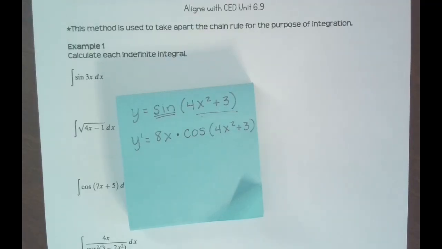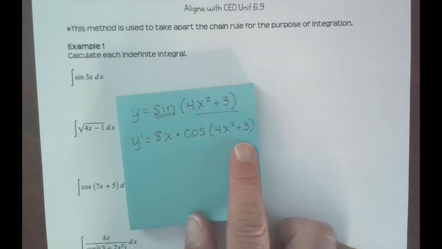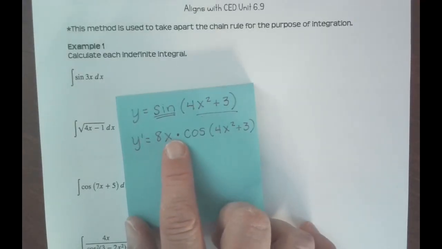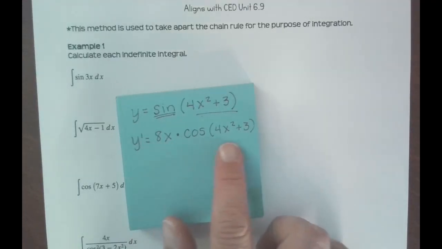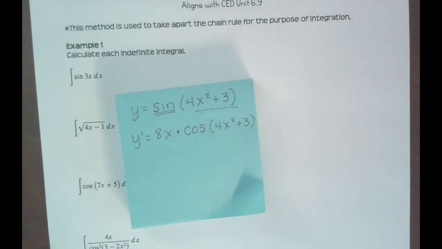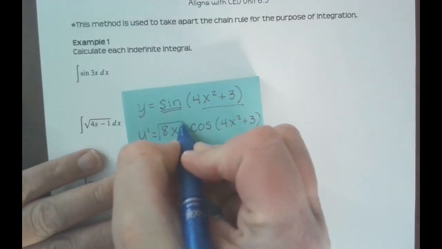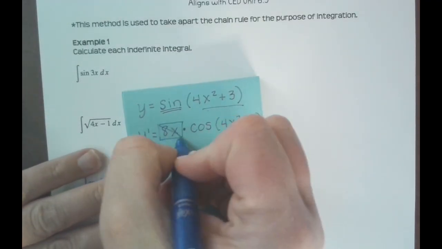So now the idea is if I hand you this function and I say take an antiderivative, well, we don't have a product rule that we can use for antiderivatives. But if we recognize that this came from the chain rule, we may be able to reverse it, okay? And so what U-substitution does in general is it takes this thing, this 8x, and says, hey, don't really worry about that 8x.